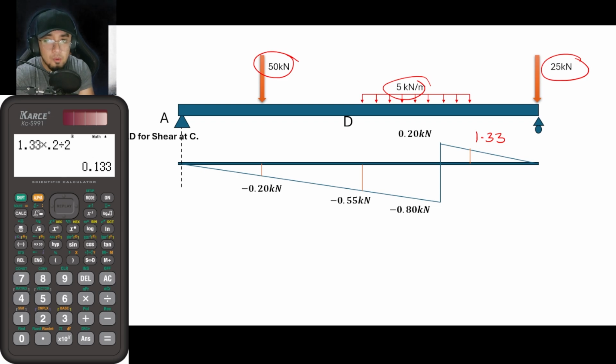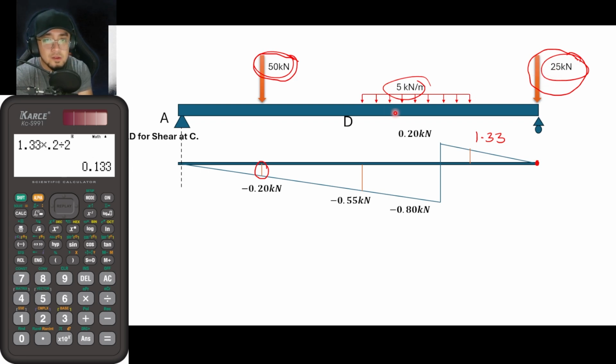Okay, so our approach here is that we would be multiplying this 50 kilonewton load to this value. Then we would be multiplying this 25 kilonewton load to this value, which is basically 0. What that means is that this load here does not really affect the shear at point C. So it really doesn't matter if it is here or not.